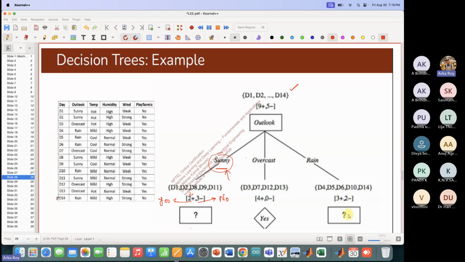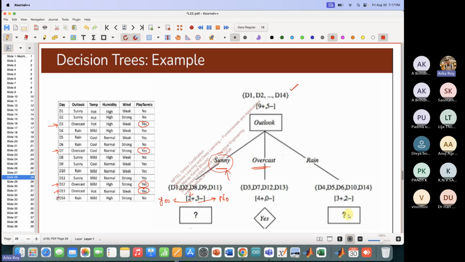Let's see overcast. Now for overcast, if you see D3, it is saying yes. Then D7, overcast, again it is saying yes. Then overcast is D11 and D12 and D13. So all are saying yes only.